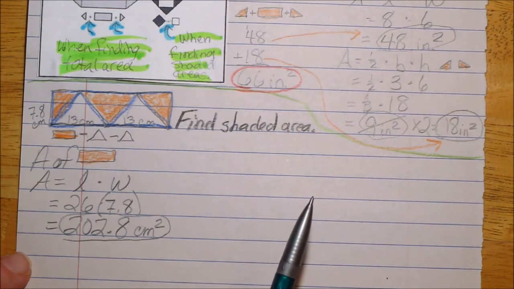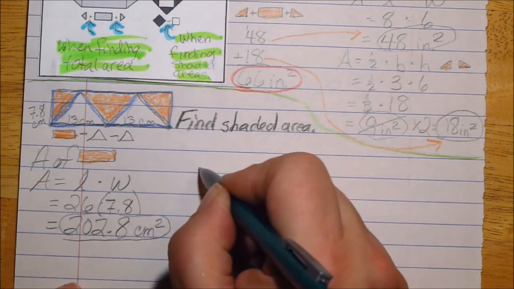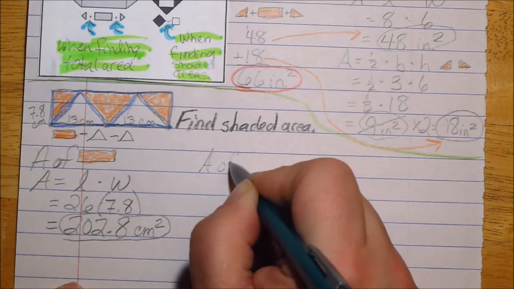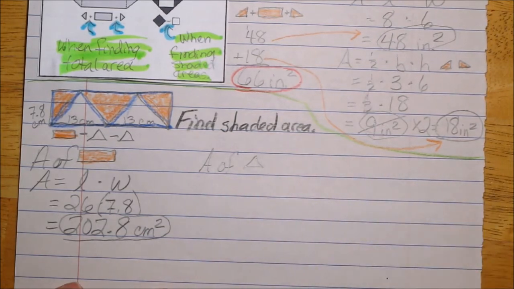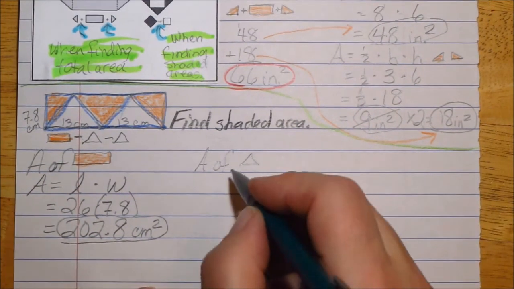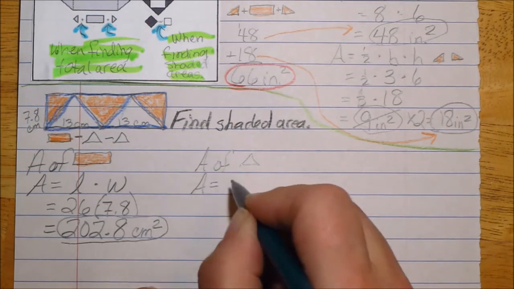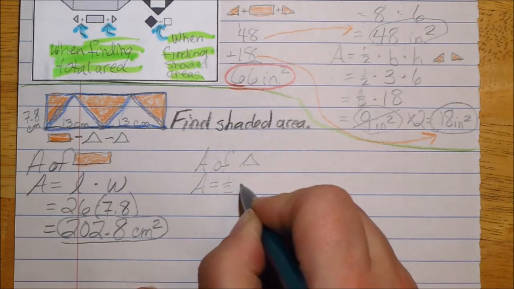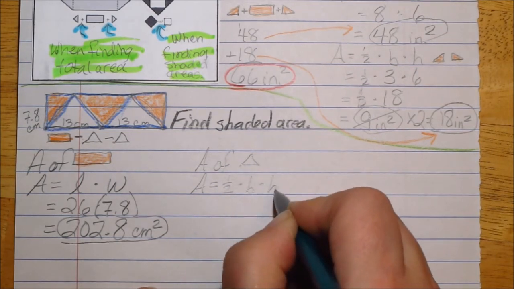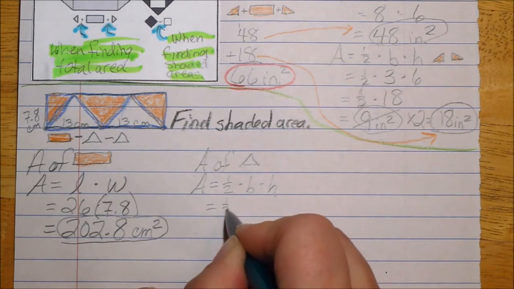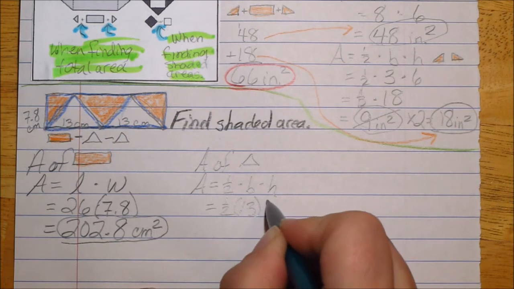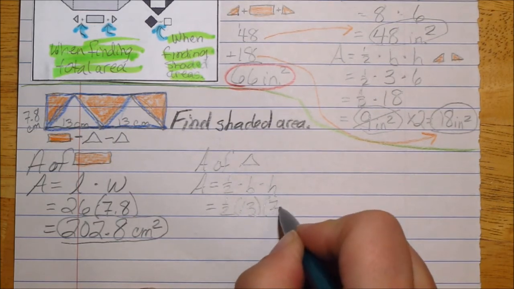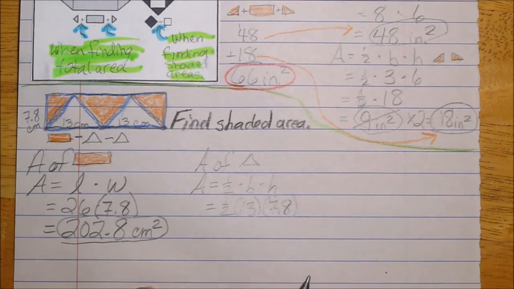All right, so now over here I'm going to work out the area of one of those triangles, which are not shaded. All right, so area equals 1/2 times base times height. 1/2, the base of one is 13. The height of one is 7 8/10. Right?